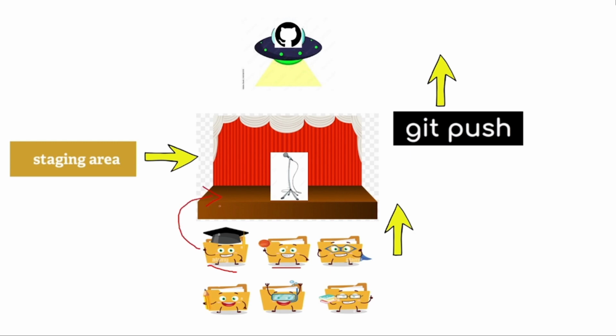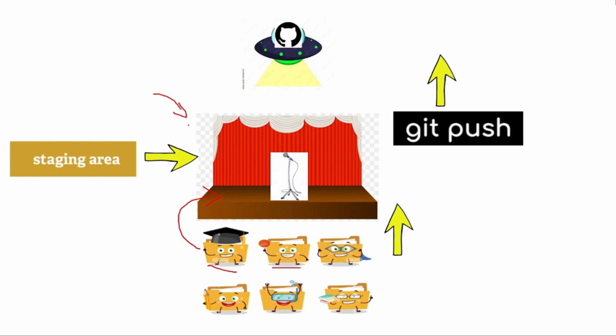Staging area is nothing but a place where we save the data, what file was sent to GitHub and at what time. So this file suppose is sent to the staging area. Now after it goes to the staging area, commits have to be made. Like I told you, commits are basically a snapshot or picture of the changes that were made or the new file that was uploaded. Okay.